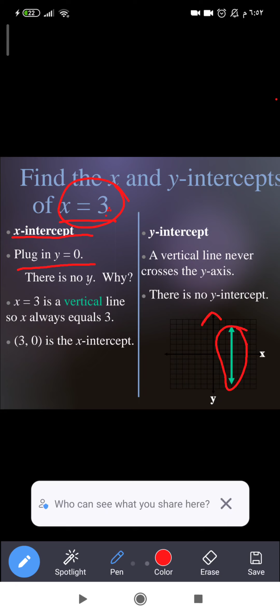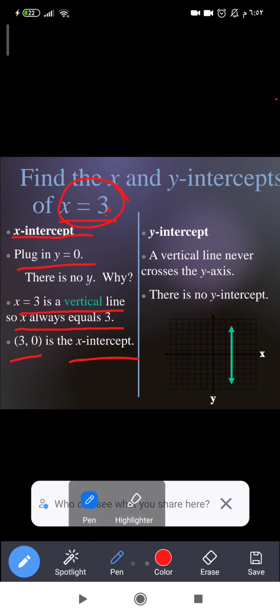So we will see, there is no y-intercept, but we have an x-intercept. Now x equals 3 is a vertical line, so x always equals 3. (3, 0) is the x-intercept. But look, there is no y-intercept, we just have an x-intercept because the line is parallel to the y-axis.